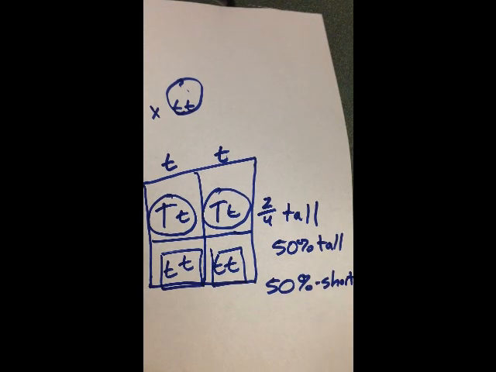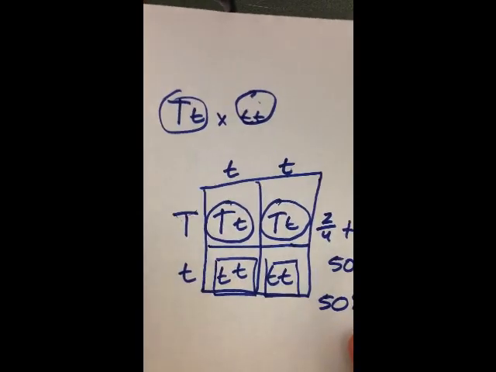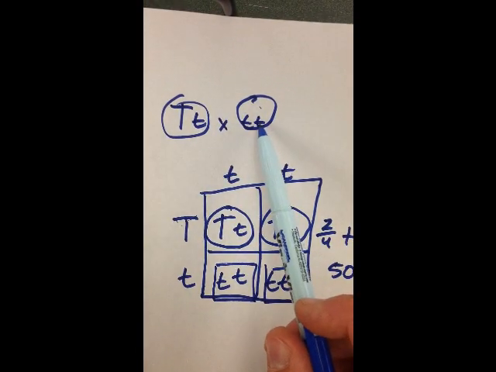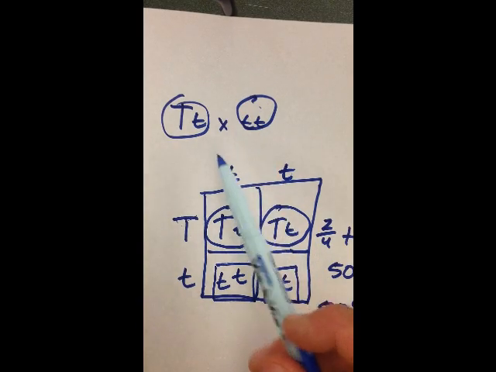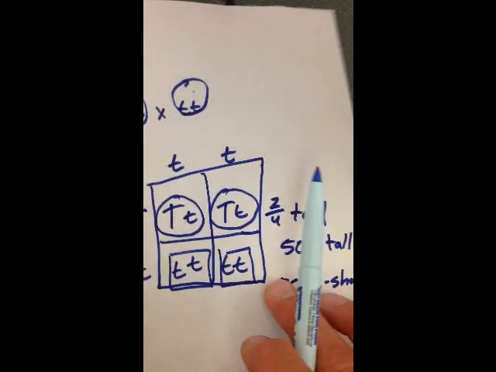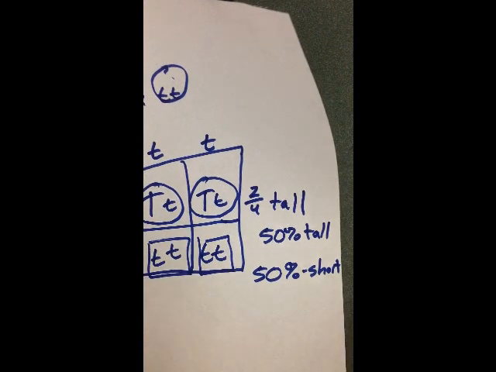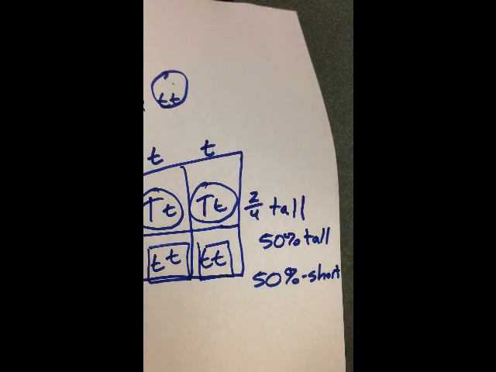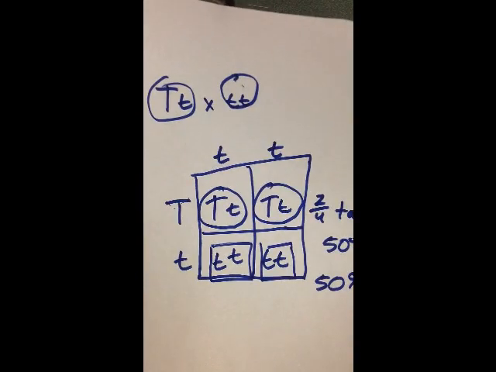And so if we crossed, going back to our original cross here, a heterozygous tall plant with a short plant, we would have a 50-50 chance of getting a tall or short plant. So if you planted a bunch of seeds from that cross, you would get 50% plants that are tall and 50% plants that are short. We have to know the genetic makeup of the parents to determine that.